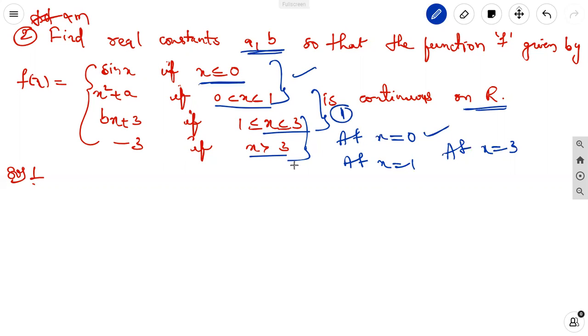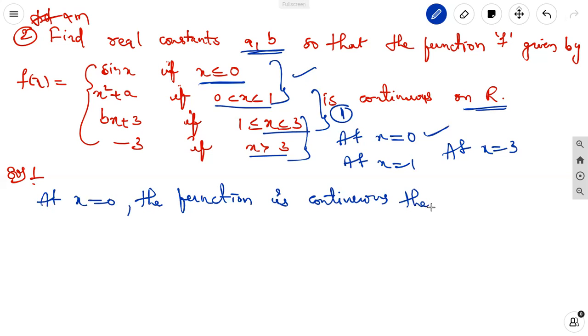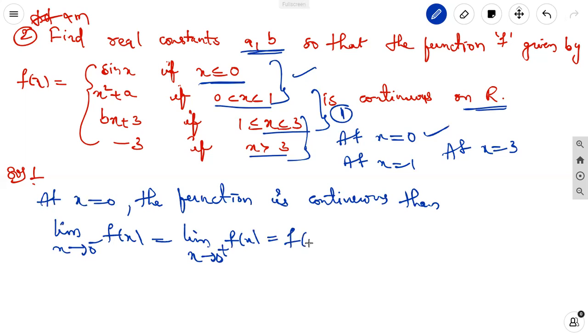Okay, if the function is continuous, suppose we know that at x equal to 0 the function is continuous. Then what is the relation? It satisfies the relation limit x tends to 0 minus f of x is equal to limit x tends to 0 plus f of x is equal to f of 0.